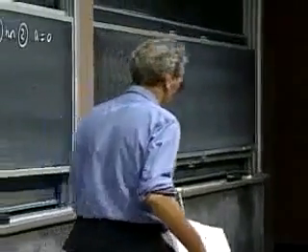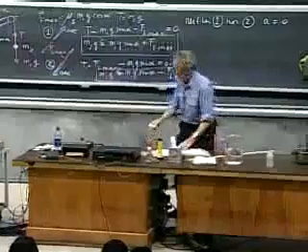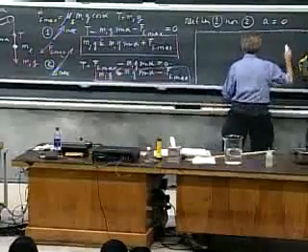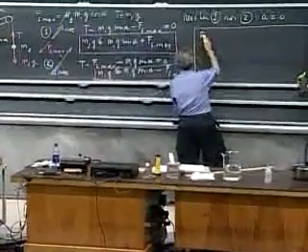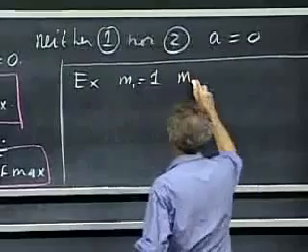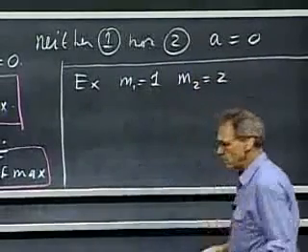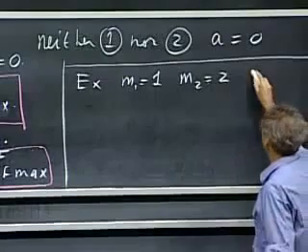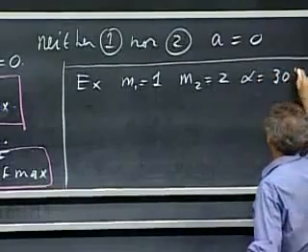Let us take a very simple example so that you see this at work. So we have an example here. In my example, I have M1 equals 1 kilogram, M2 equals 2 kilograms. Can't make the numbers much simpler. I take alpha equal 30 degrees.